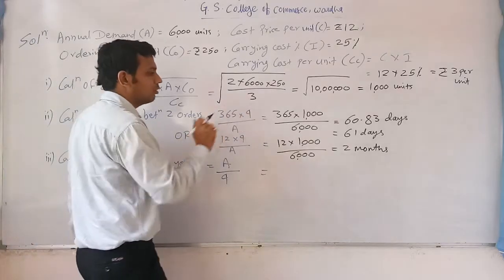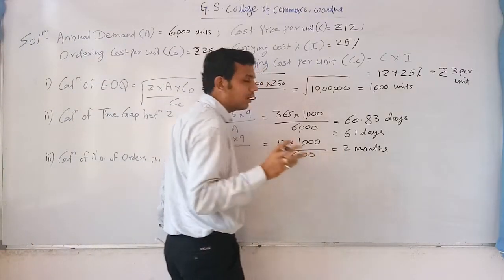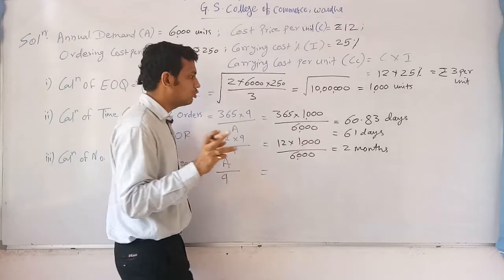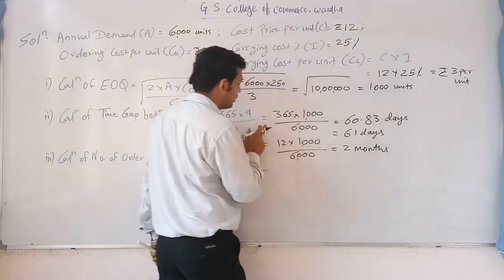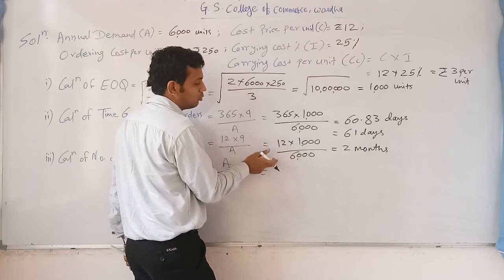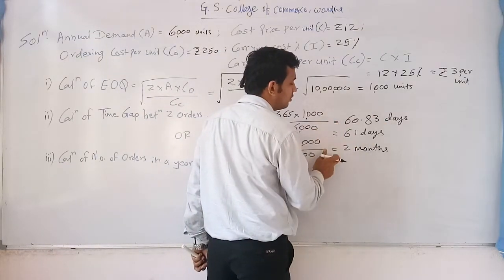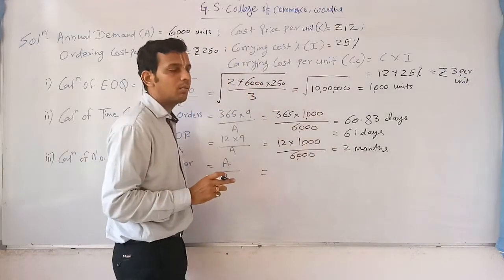So there is our answer, 2 months. I told you the same thing in the last video, that when we are computing the question with either formula, the answer would be the same. Here we have 60.83 days, here we have 2 months, the answer is nearly the same.